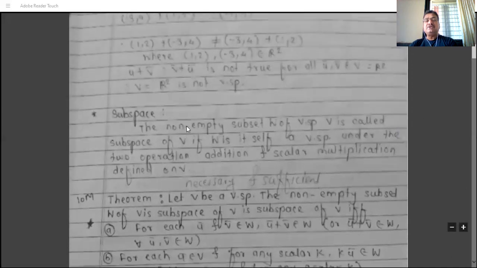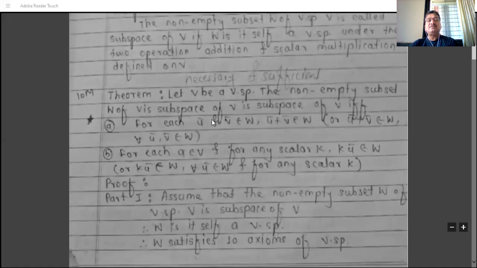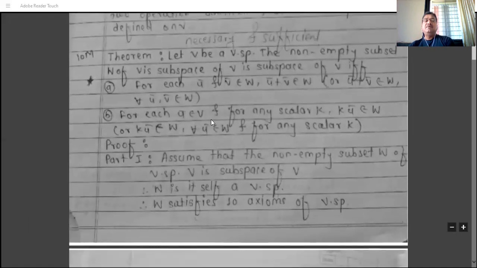So the definition says that if W is itself a vector space, that is, W satisfies 10 conditions, then W is a subspace. But this theorem says that W is a subspace of the vector space V if W satisfies these two properties. As far as examples of subspaces are concerned, this theorem is important.